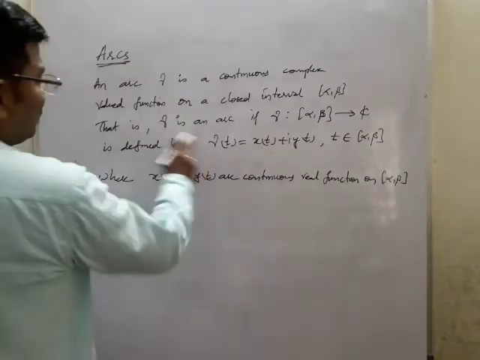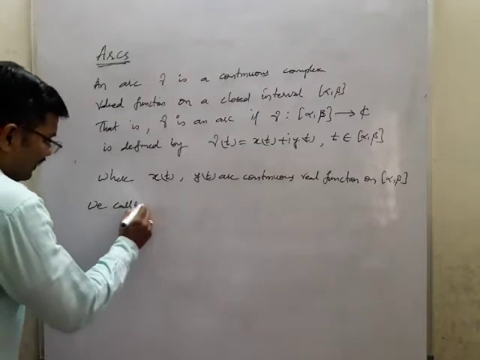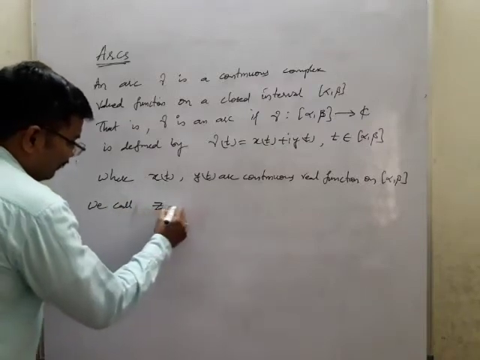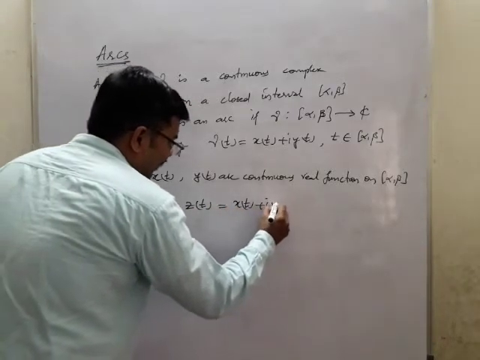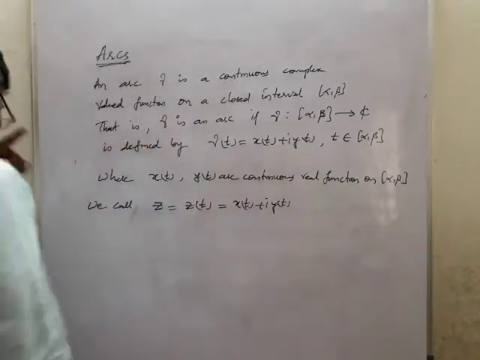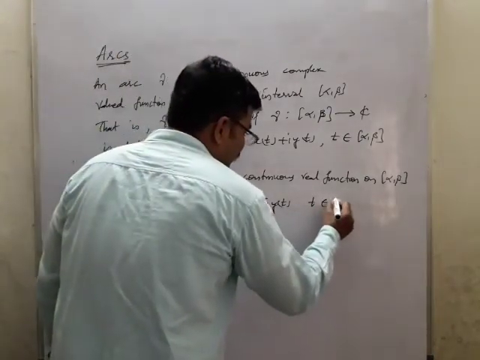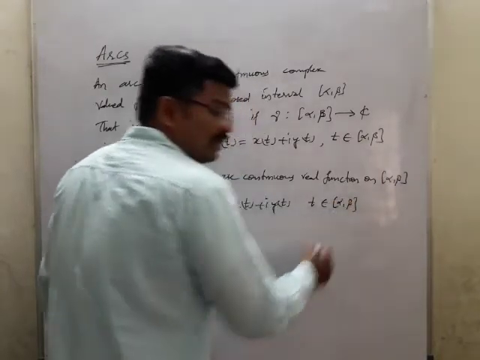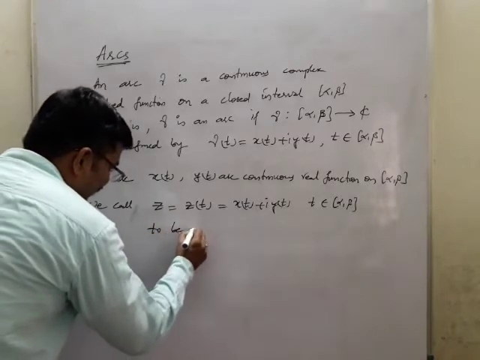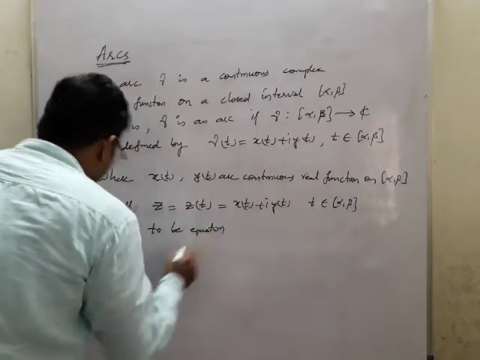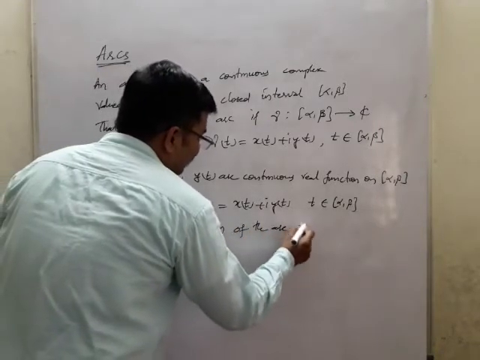That can be written as gamma, and we may take z is equal to z of t, that is equal to x of t plus i y of t, where t belongs to closed alpha comma beta, to be the equation of the arc gamma.